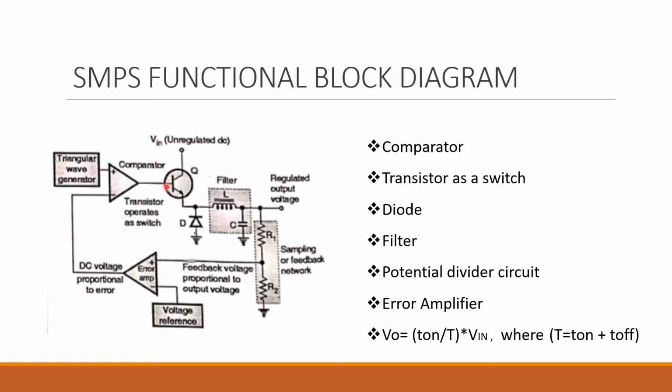So ultimately you can say that V0 is depending on duty cycle of the square wave. If you want to increase V0, T on has to be increased. If you want to decrease V0, T on has to be decreased.